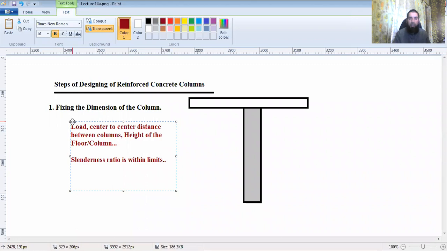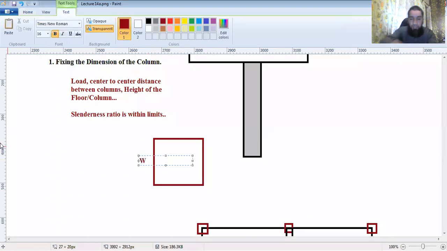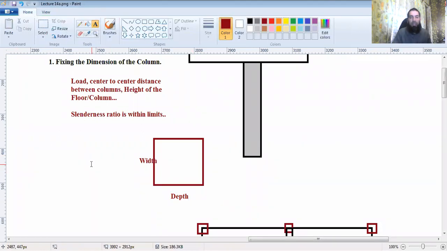How does it depend upon the center to center distance between the columns? Anyone? How would it depend? How would the dimension, width and depth of the column, it's all about the cross section. This is say width and this is depth. How would it depend upon the center to center distance between columns?